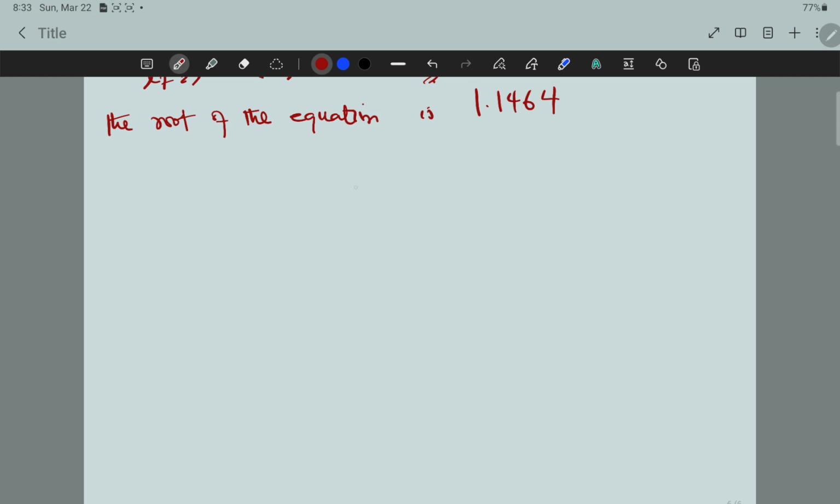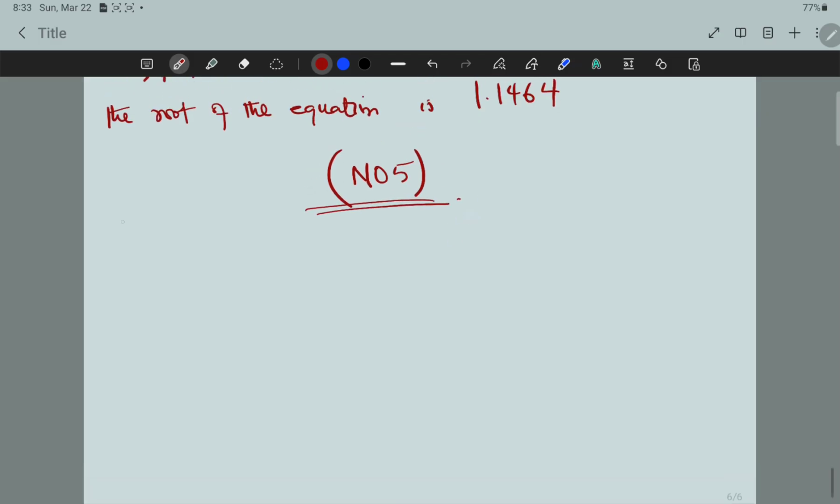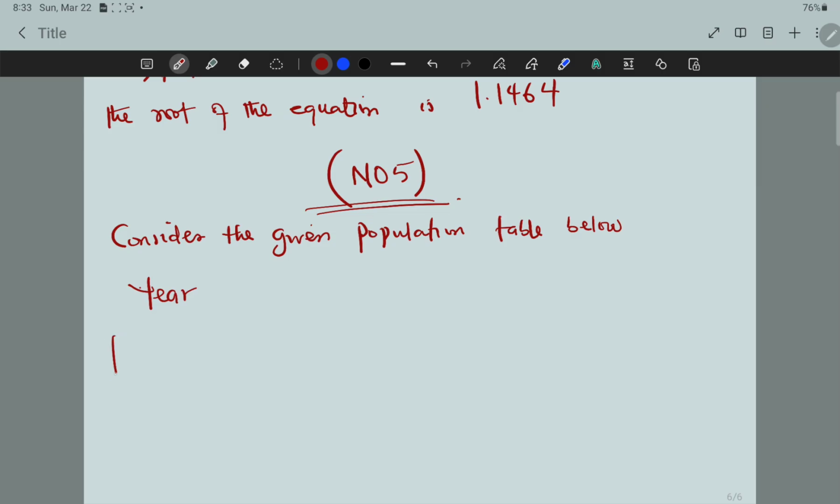Number 5 says consider the given population table below.